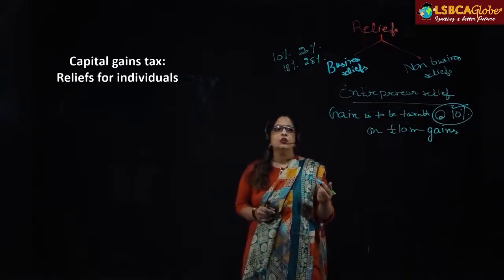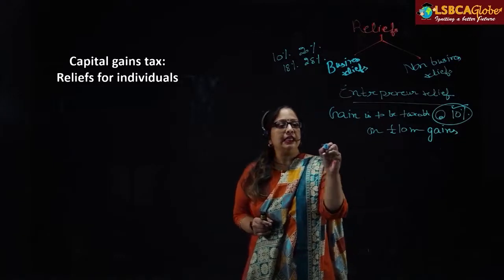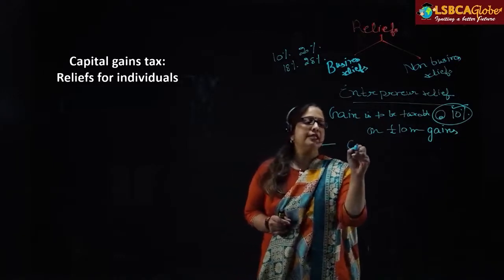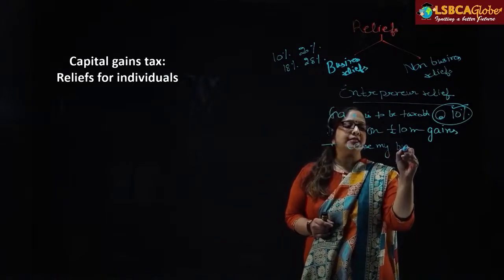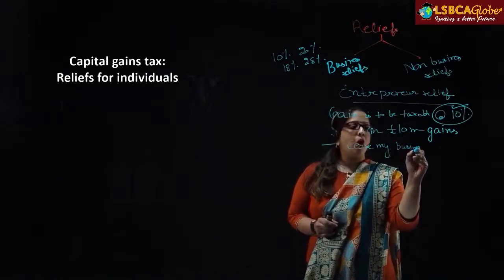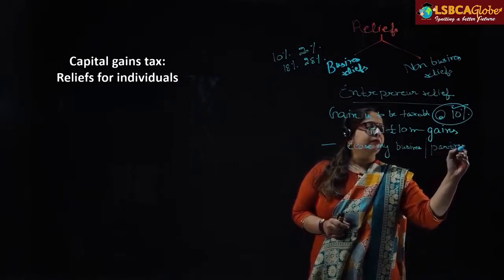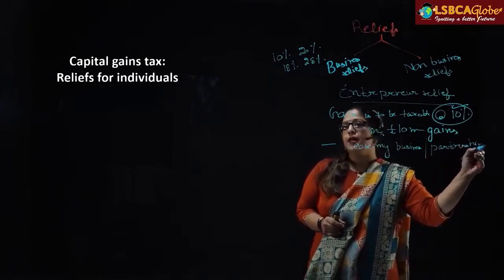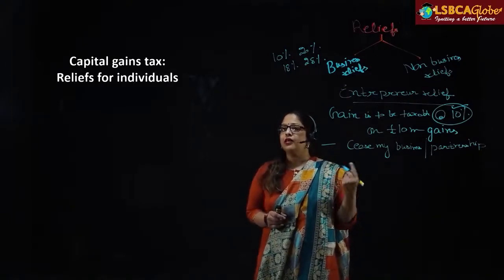Now, I will just tell you what is that qualifying disposal. Class, either I cease my business and sell off all the assets, or I cease the partnership and sell off all the assets.